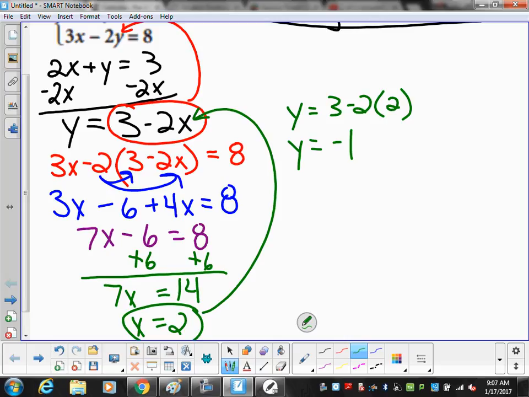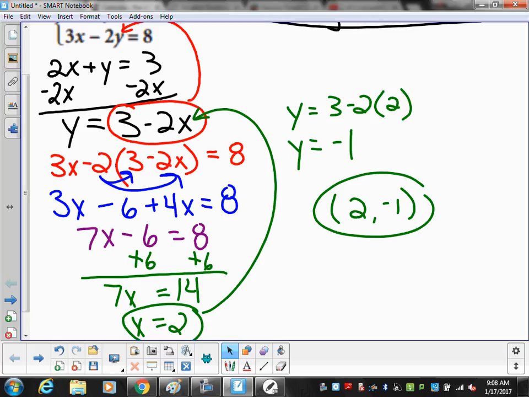Alright, so my solution is the point 2, negative 1. Okay. So that's the process. So what you're doing, your steps through the process. First step, solve for one of the variables in whichever equation you want to.